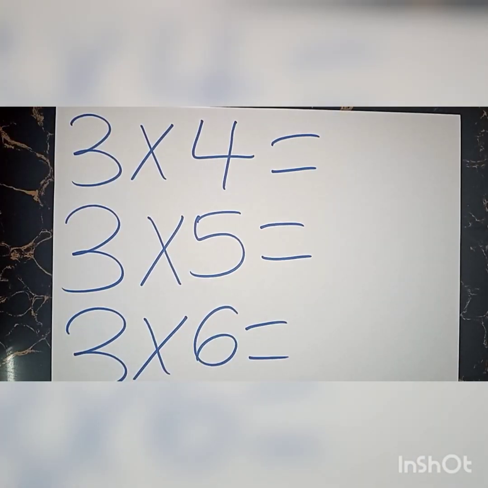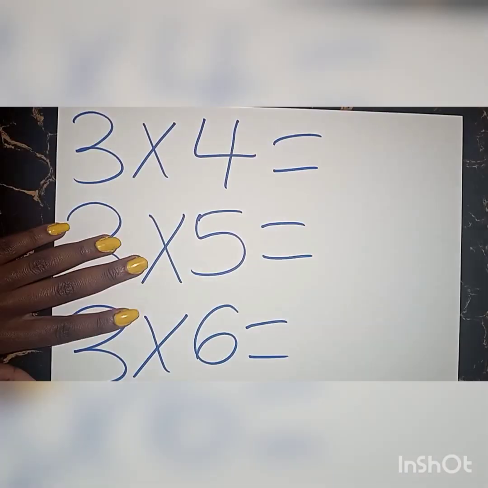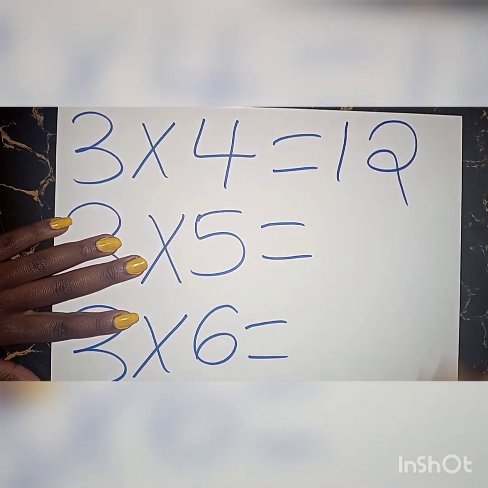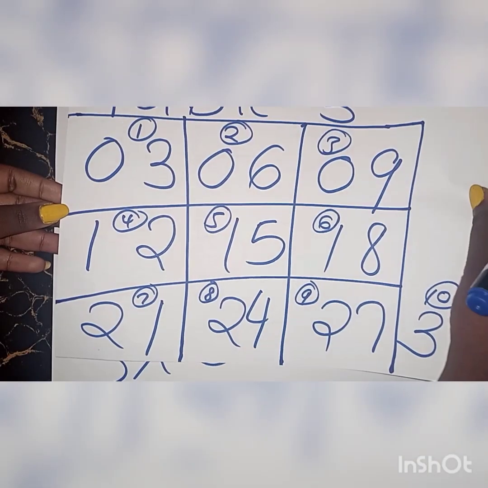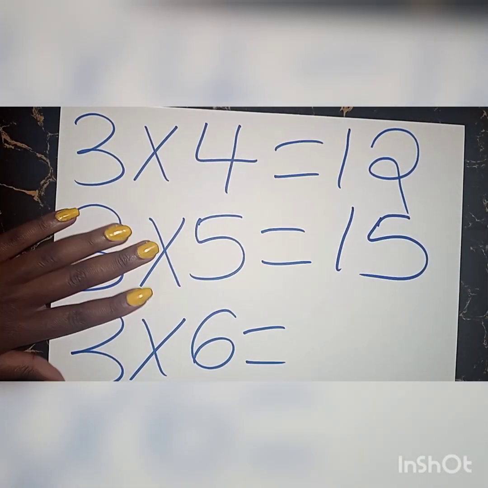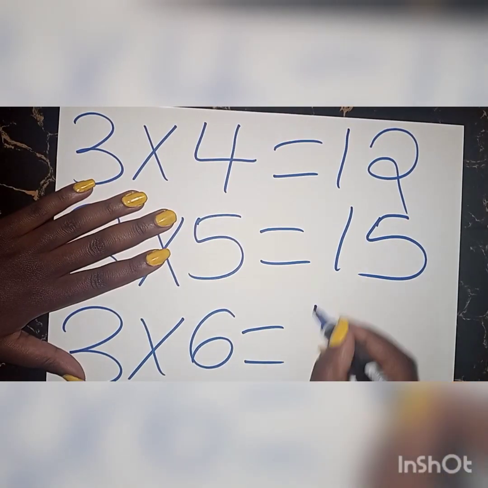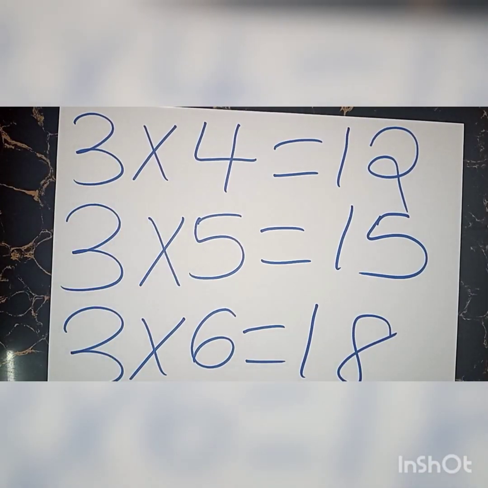Moving on swiftly. 3 times 4 is 12. 3 times 5 is 15. 3 times 6 is 18.